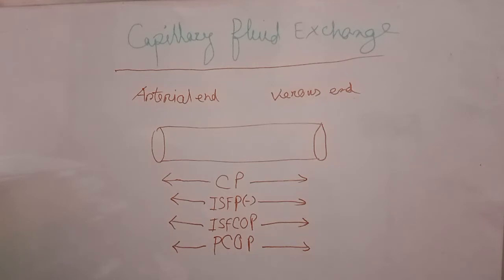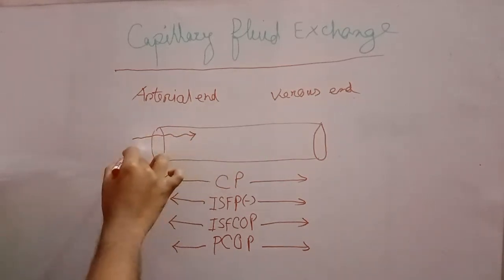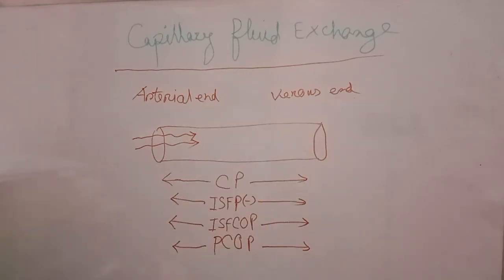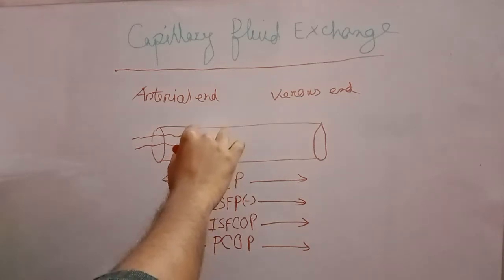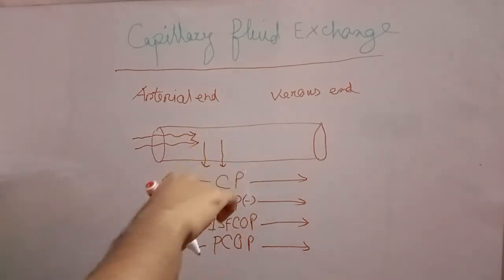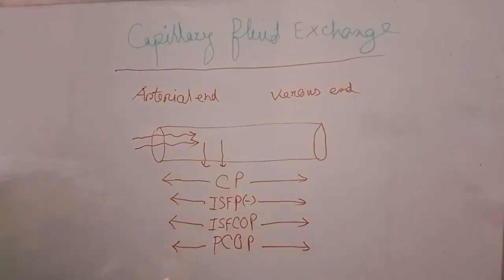Now, what is the pressure? When blood goes through this capillary, the plasma is trying to move outward from the capillary into the interstitial space due to the force of gravity.